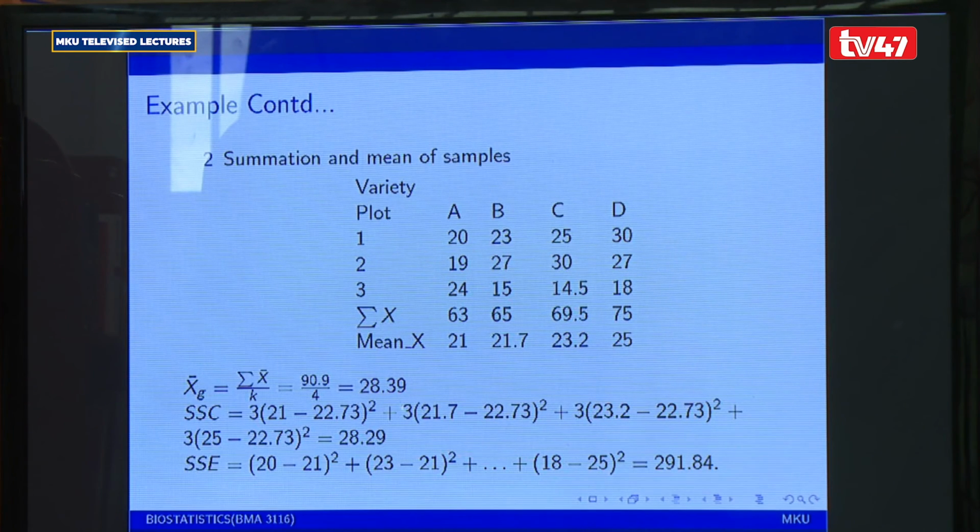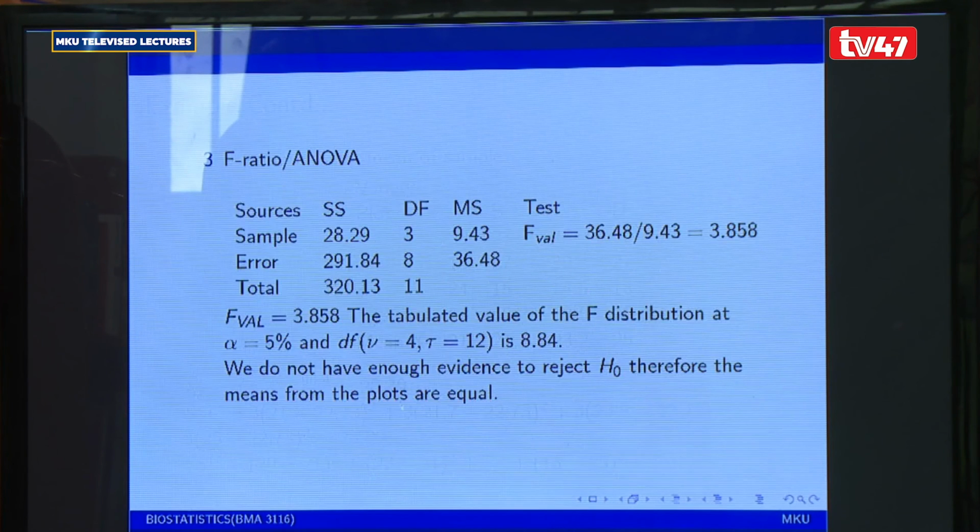You continue that way until the last one, which has a mean of 25. So you will do 30 minus 25 squared, 27 minus 25 squared, and the last one will be 18 minus 25 squared. Sum that, you get 219.84. Then we can now formulate it in tabular form, like the last illustration.